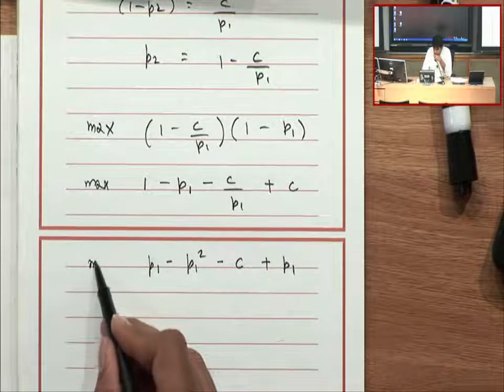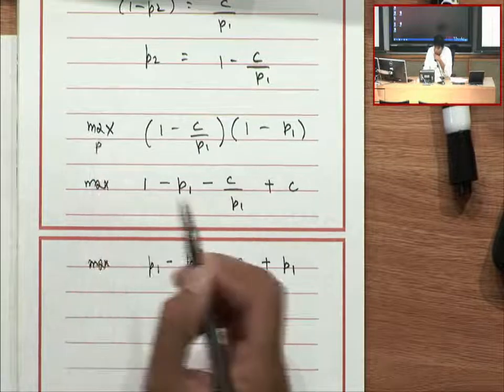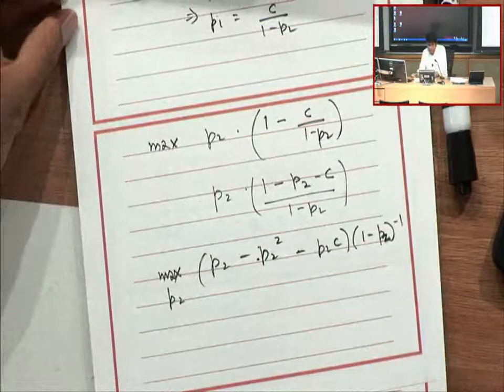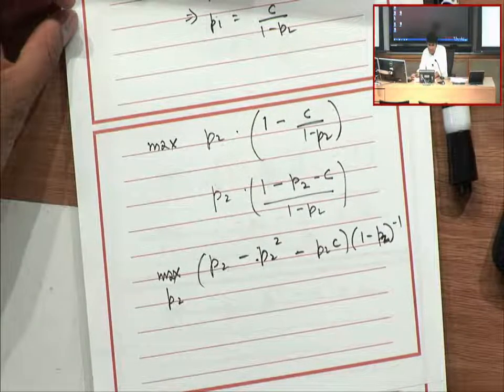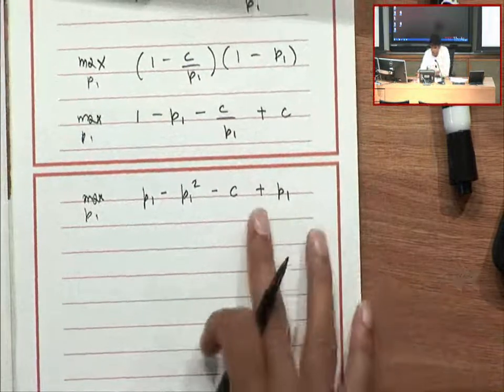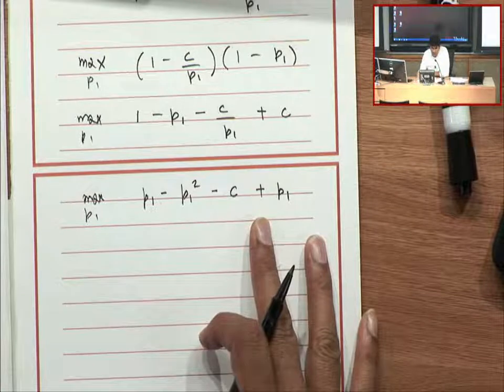Now the maximization is over P1. So these are equivalent problems. The one we looked at before is maximizing with respect to P2, and here we're maximizing with respect to P1, but it's really the same problem. This one looks a little bit easier for me to work with.